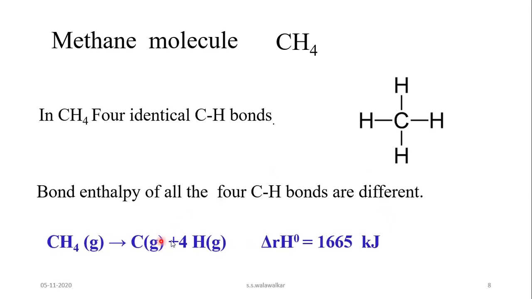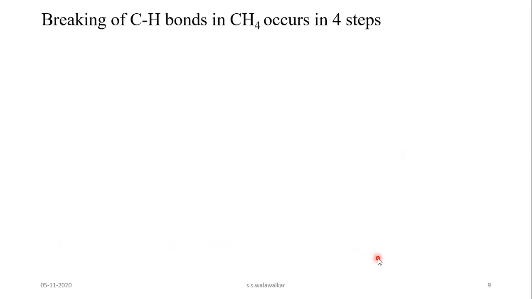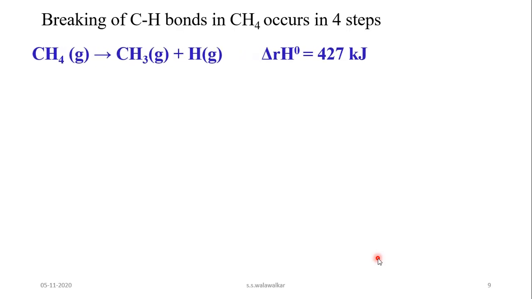So here the methane, 1 mole of methane gas, when it gives you 1 carbon atom in a gaseous state and 4 hydrogen atoms in a gaseous state, when all the 4 bonds break, then the standard enthalpy of reaction is 1665 kilojoules, and this reaction takes place in 4 steps. In the first step, methane gas gives you methyl, that is CH3 gas and hydrogen gas, and it requires 427 kilojoules.